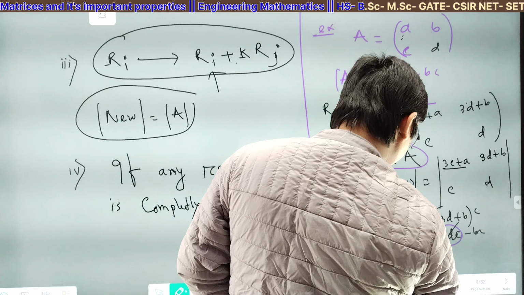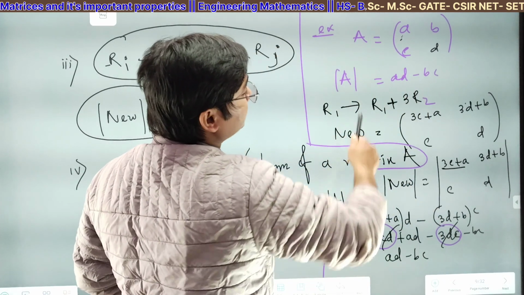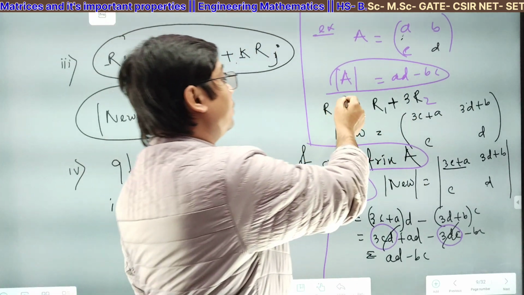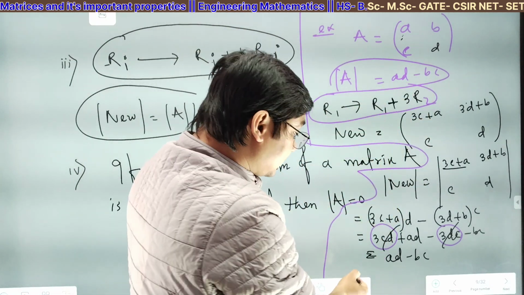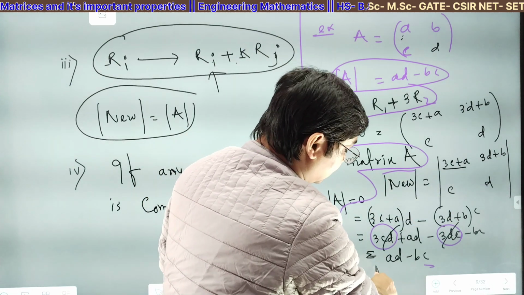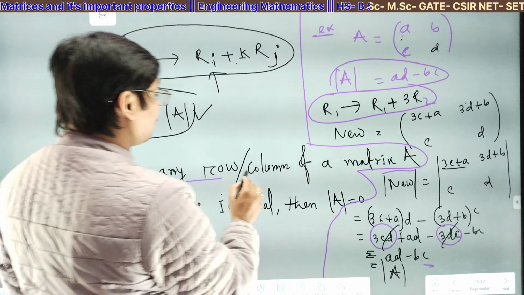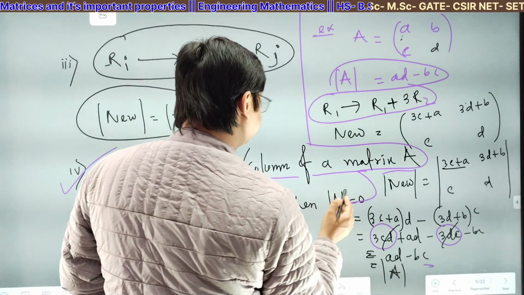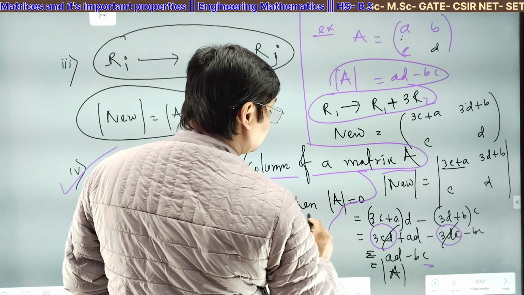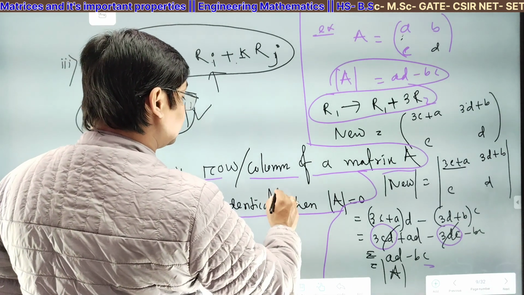So finally we get ad minus bc. That means if I apply this rule, then the determinant of the new matrix is equal to the determinant of the previous matrix. Yes, if any row or column of a matrix A is identically 0, then the determinant of A is 0.